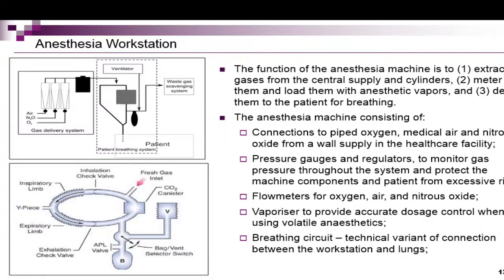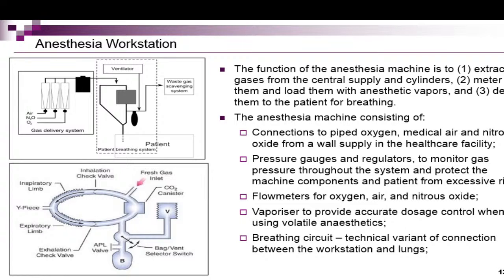The function of the anesthesia machine is to extract gases from the central supply and cylinders, receive the gases, then meter them and load them with anesthetic vapors, and deliver the gases to the patient for breathing.